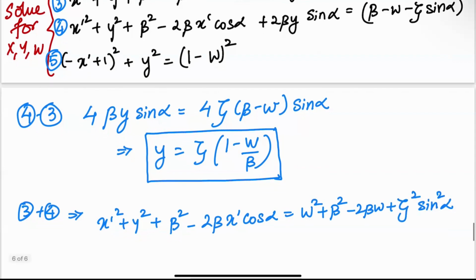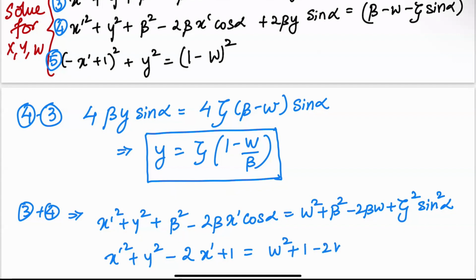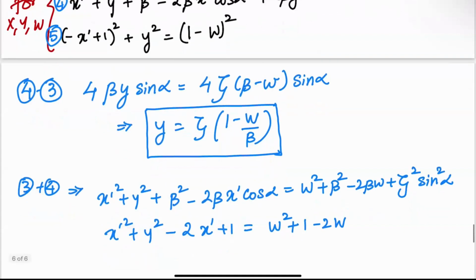And then from equation 5, you get something very similar. You get x prime square plus y square minus 2x prime plus 1 is equal to w square plus 1 minus 2w. Okay. And a few of these terms obviously cancel out. So beta square cancels.